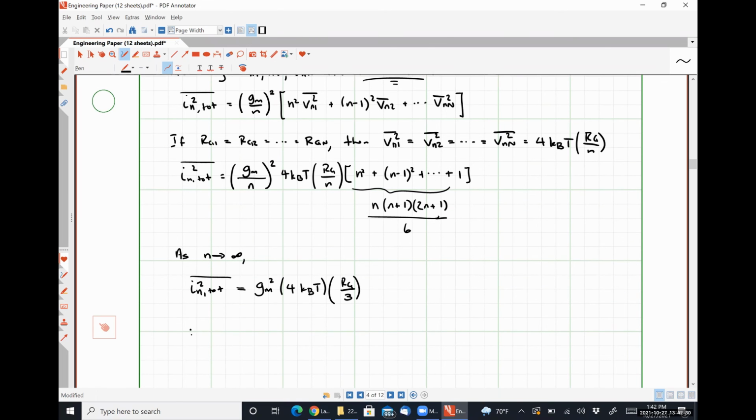And from this, I can get our total noise voltage by saying In total divided by my transconductance squared just gives me 4 kBT times Rg over 3. This Rg over 3 term is what's actually used to determine the noise.